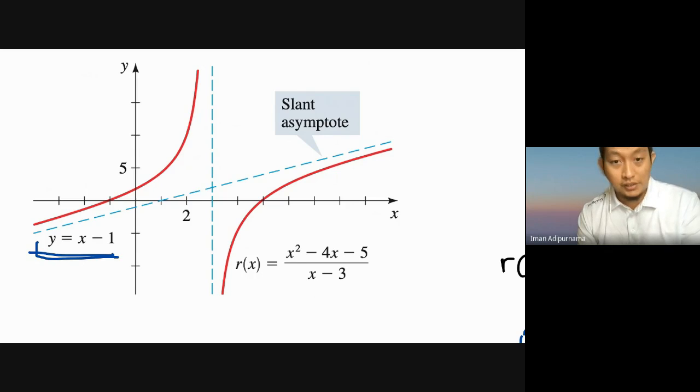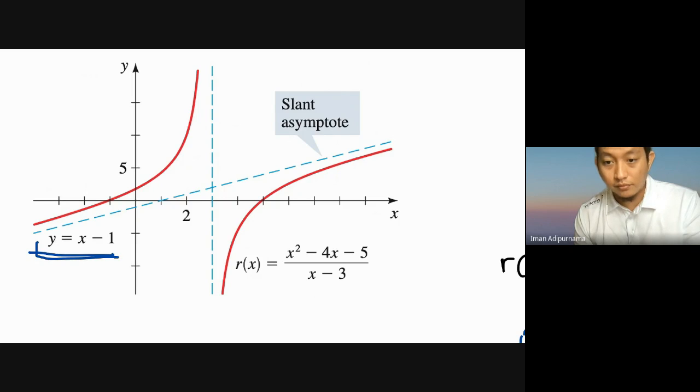In your calculus class, in chapter 4, you will learn about all of this: finding the asymptote, the slant asymptote, and also the slope, the first derivative, and second derivative. So it's best to have a good foundation in basic math for those graphing functions.